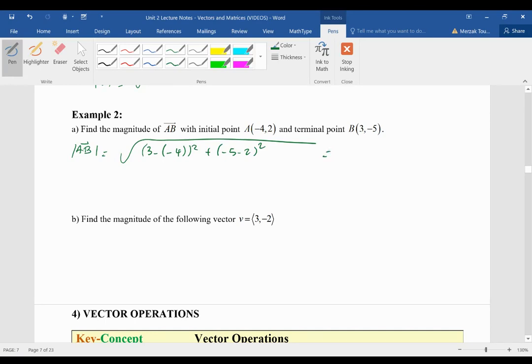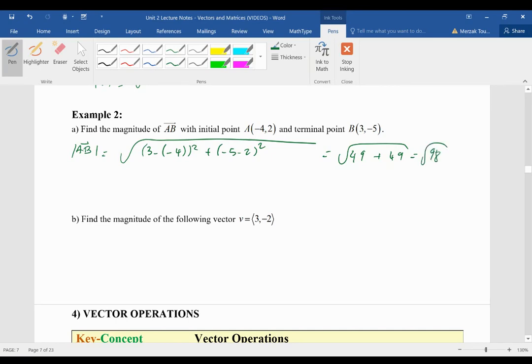Let's calculate: 3 plus 4 is 7, so squared is 49. And then negative 5 minus 2 is negative 7, squared is another 49. 49 plus 49 is 98.